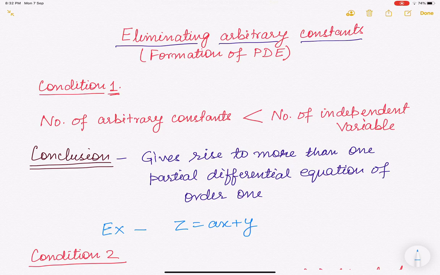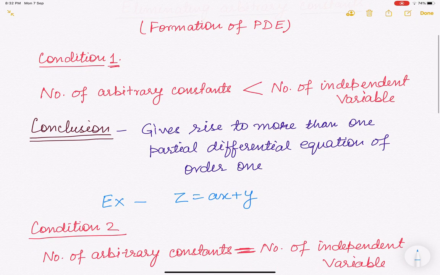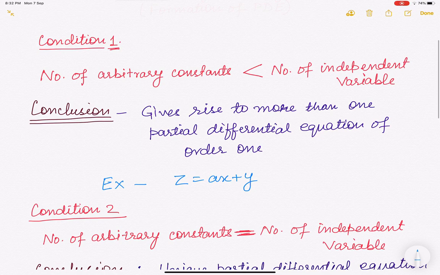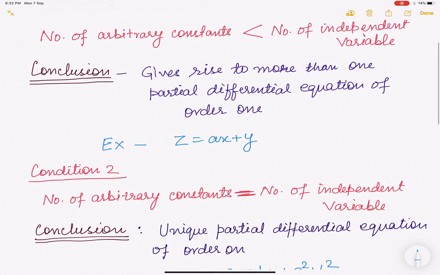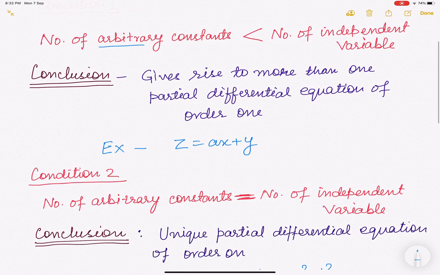When we form any PDE by eliminating arbitrary constants, there are three conditions which arise. In condition number 1, the number of arbitrary constants is less than the number of independent variables.